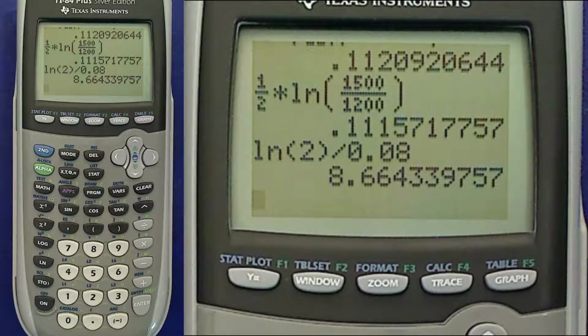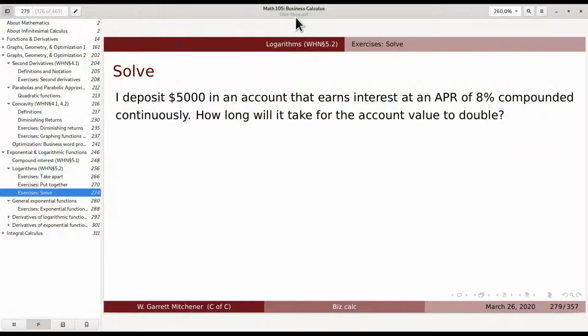Now, the interpretation of that is that that's how many years it will take for the account value to double, because we're dealing with an annual interest rate, and the formula P e to the rt is written in terms of time in years.